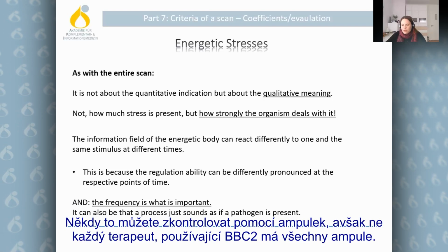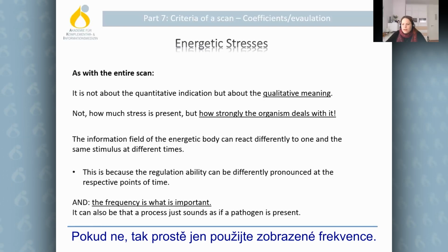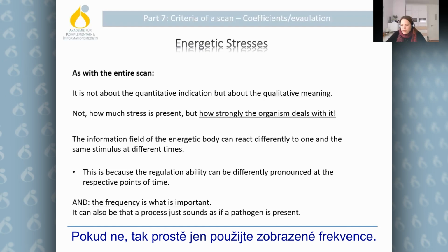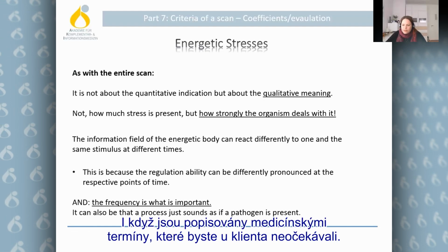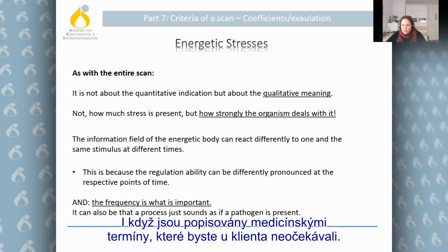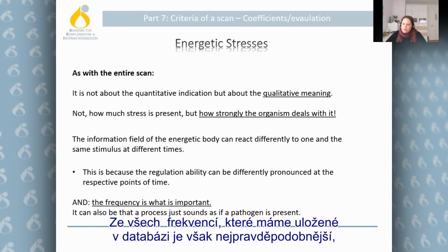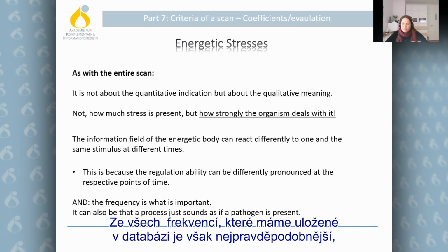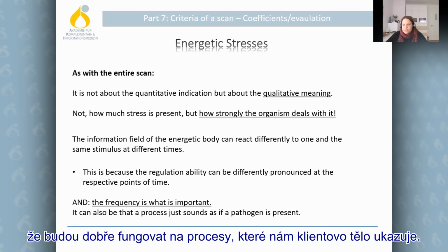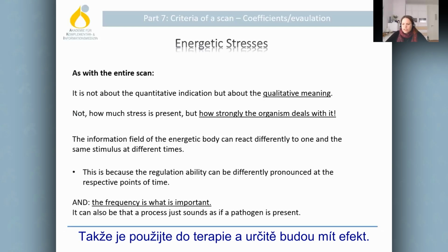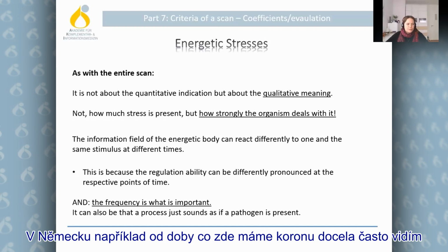Sometimes, of course, you can check with the ampules, but not every therapist using the BICOM has all ampules. Then just use the frequency that is listed, even if it's from the medical term not the one you would expect. From the frequency we have in the database, it would fit the process the body is showing. So just use it for the therapy, and it will have an effect.